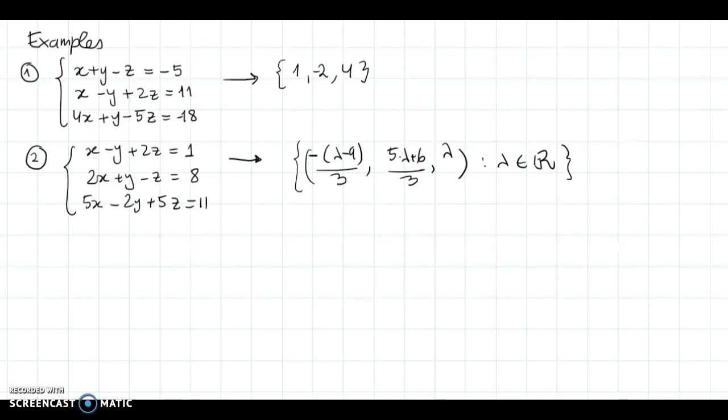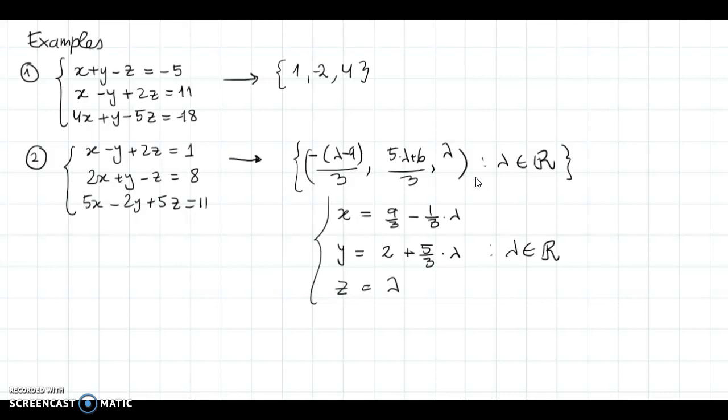Then we have to try to understand what this means geometrically, and it will help to write it in the following way. So we have x that we could write as 9 over 3 minus 1/3 times lambda, y that we could write as 6 over 3, so 2, plus 5 over 3 times lambda, and z that is just lambda, with lambda a real number.